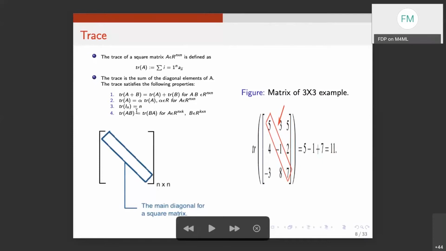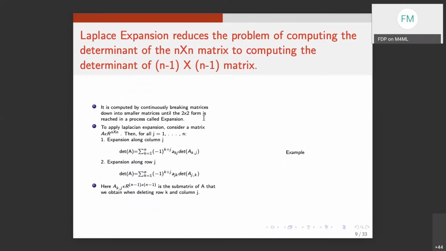Similarly, trace of identity n is equal to n, and trace of AB is equal to trace of BA for all A belongs to R to the power of n cross k and B belongs to R to the power of k cross n matrices. Okay.